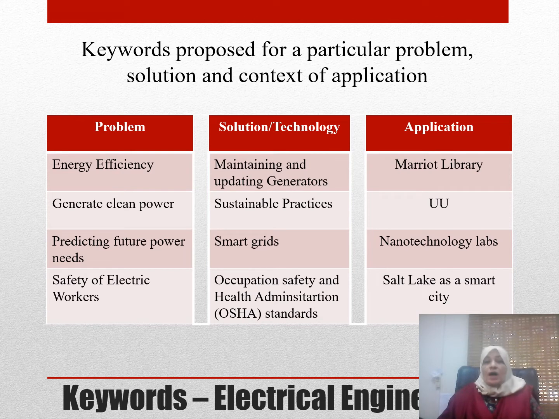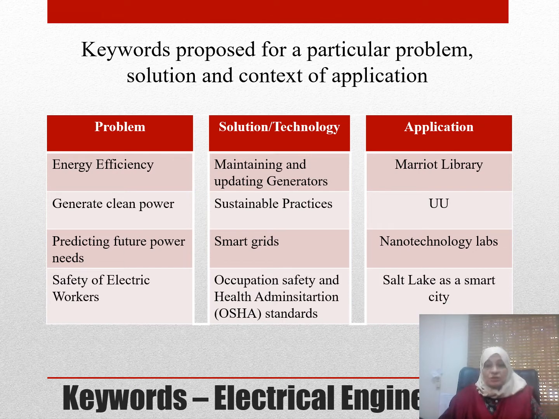So in order to answer the problems that you have explored earlier, you need to look up to the existing solutions or existing technologies through which these problems are being solved today. And then I was mentioning to you about the context of application.